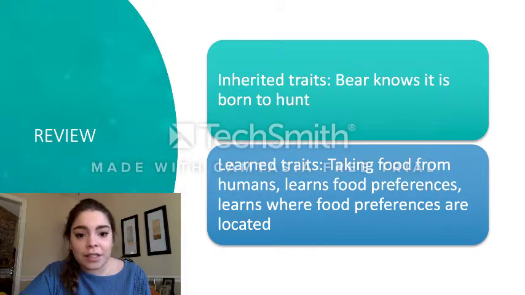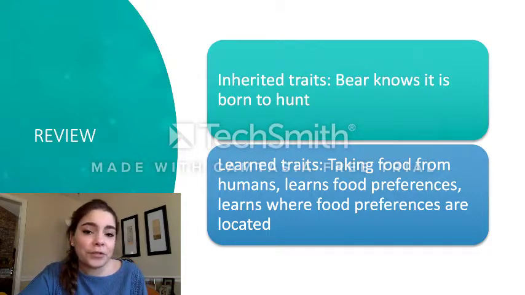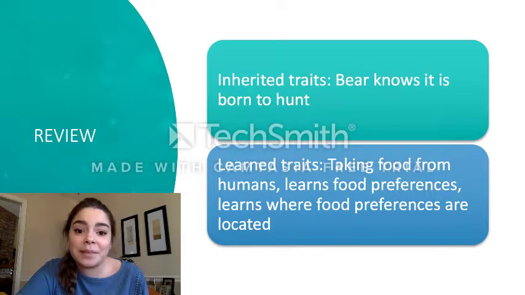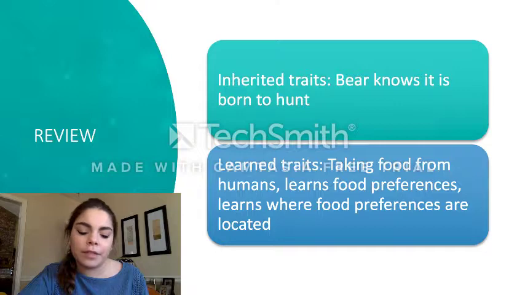A learned trait would be learning to take food from humans. You hear all those stories about bears getting into cars and stealing human food when hikers are out, or even if they're at the picnic table next to them. Those bears will go into that car, break in, and get the food. That means they learn their food preferences.